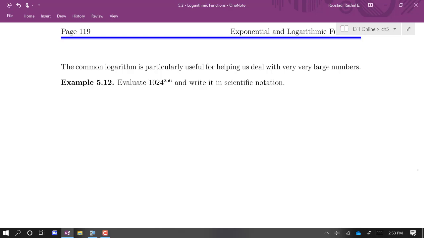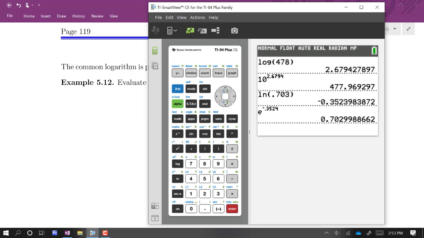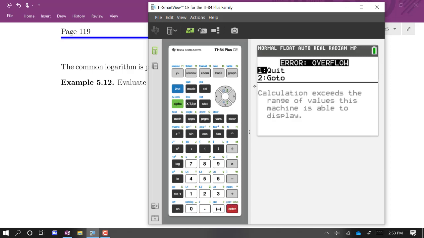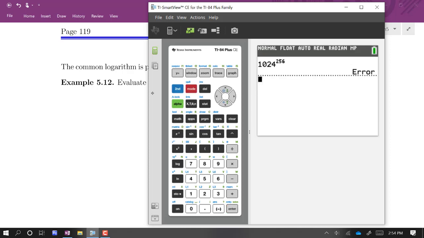When we work with numbers that are very large, we can run into problems on the calculator because the numbers are too big for it to handle, and it'll throw an error. For example, we want to evaluate the number 1024 raised to the 256th power and write it in scientific notation. If I try to just do this on the calculator, 1024 raised to the 256th power, I get an error, overflow. The number's too big. There's not enough memory on the calculator to deal with it.